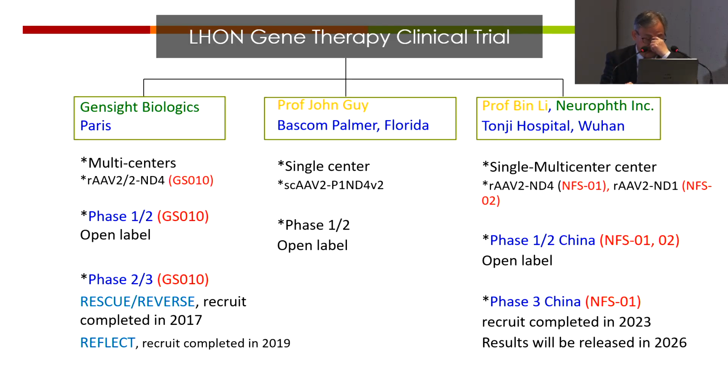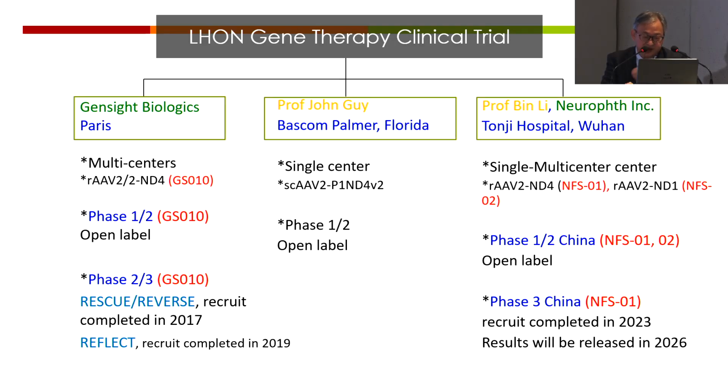This group later evolved into a company called Neurophth Biotechnology, based in Shanghai. They have been using 2 vectors. One is NFS-01, which carries the ND4 subunit, especially for the 11778 mutation.